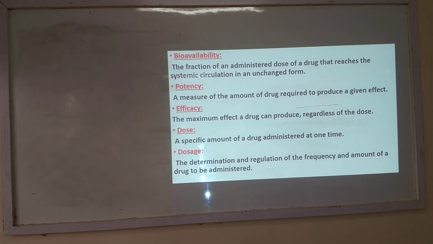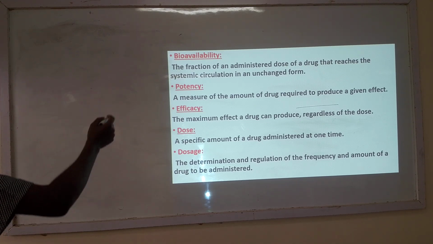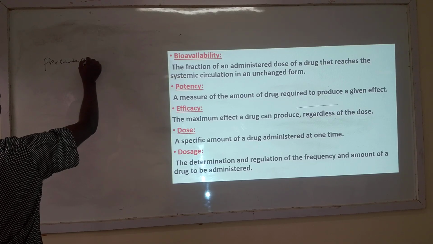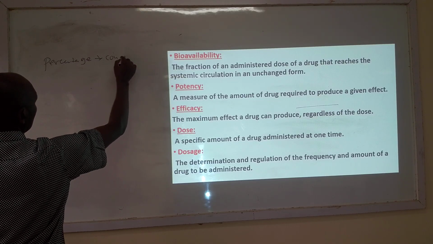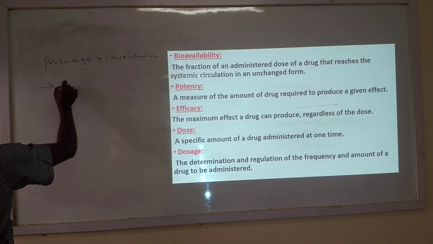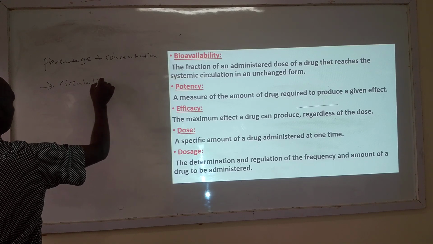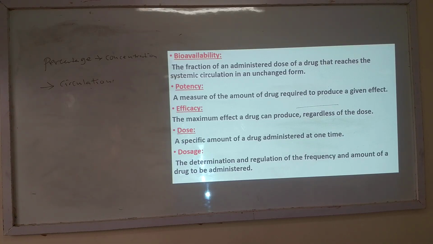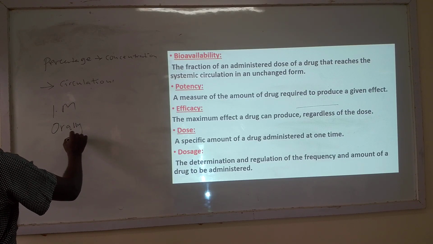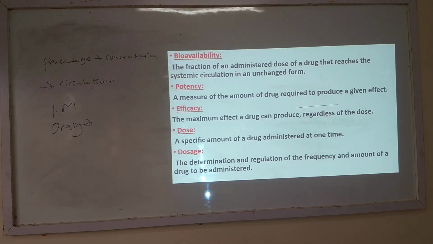Then we have the issue of bioavailability. This is just the percentage of the concentration of a drug that has reached our circulation. Remember, when you administer a drug from the site of administration, let's say intramuscular or even orally, it has to get absorbed and get into circulation so as to produce its effects.